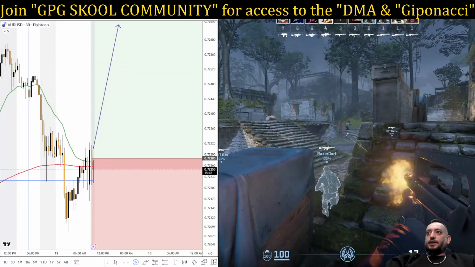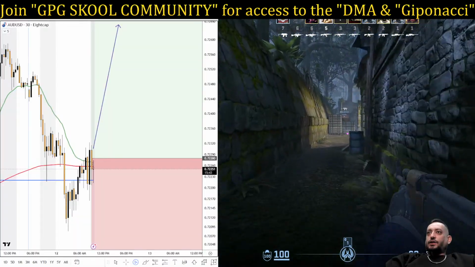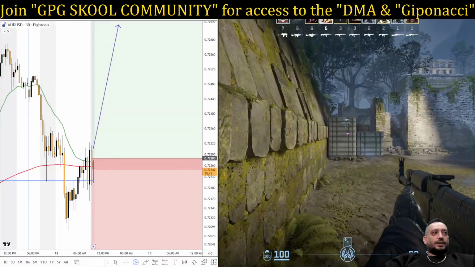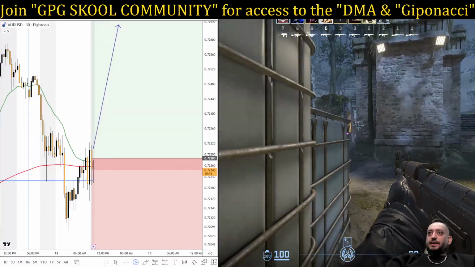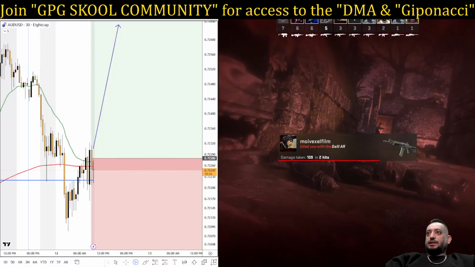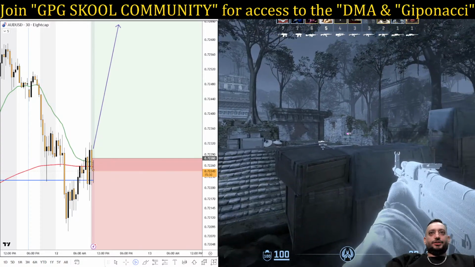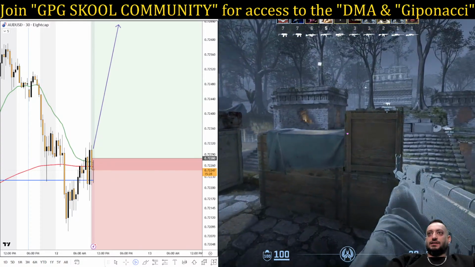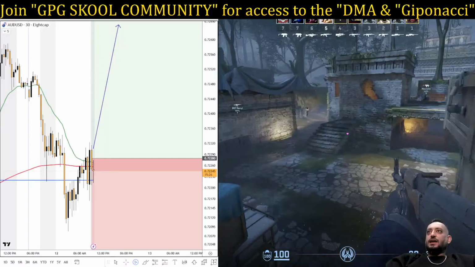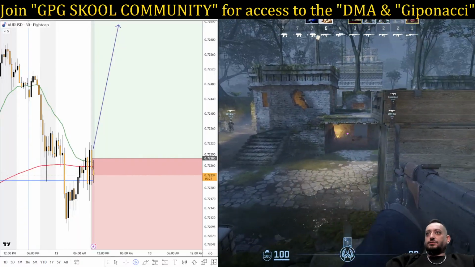We're on AUD. If you're late to the live, you can see the chart, you can see the play. We're looking bullish. Same with NZD as well. We're waiting for a 30-minute candle to close in about 16 minutes, and we're using that time to kill.